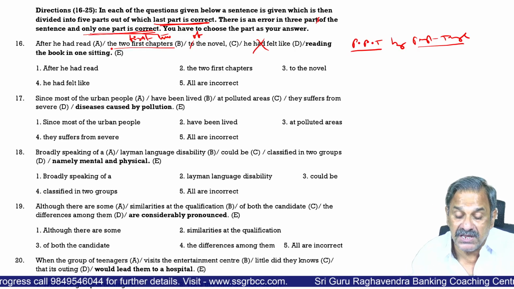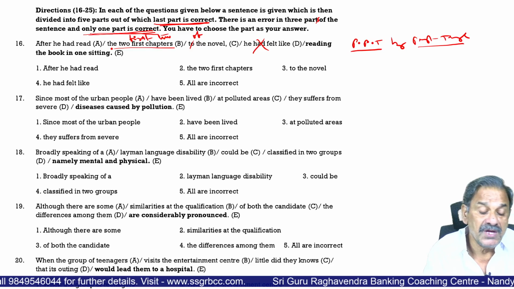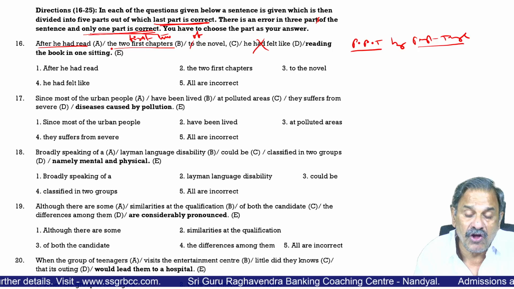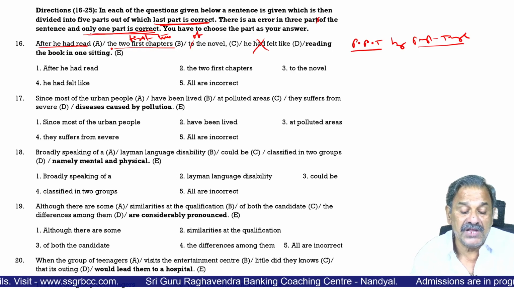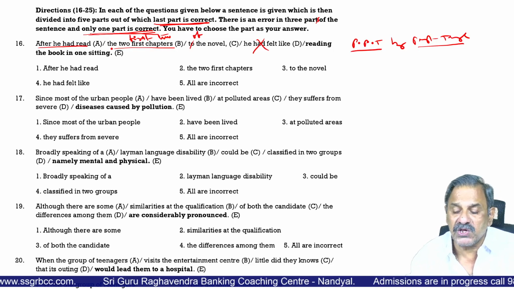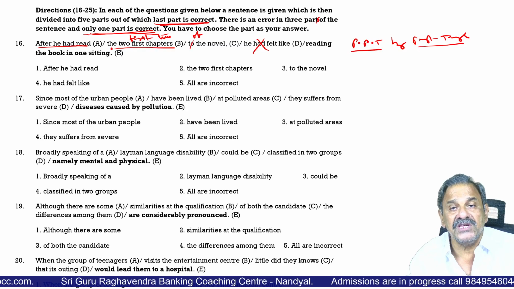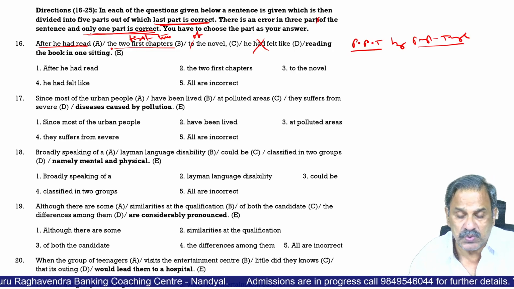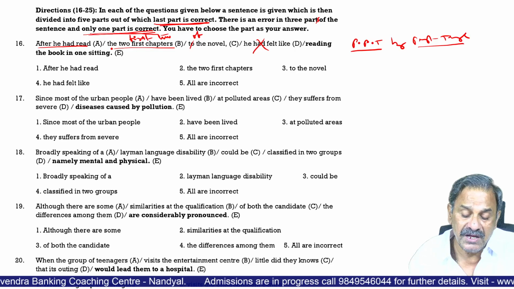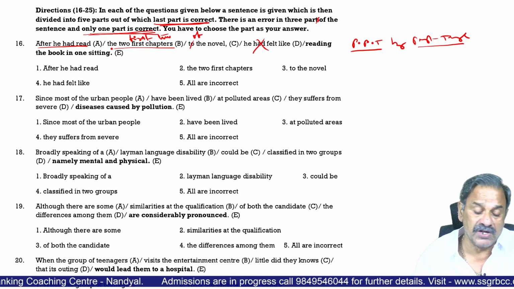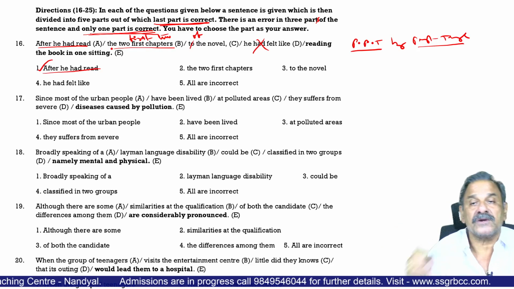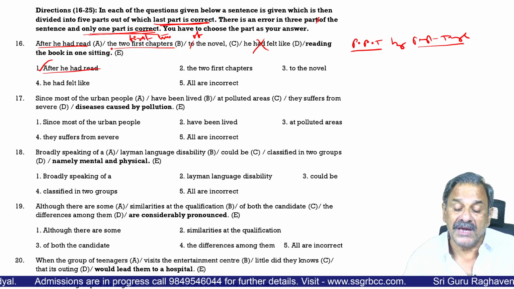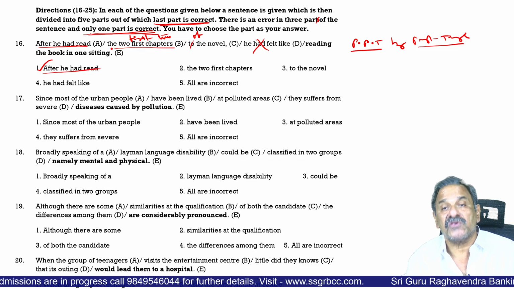'Felt' is past tense, 'had read' is past perfect tense. Here it is chapters of the novel, not to the novel. 'Two first' is wrong because two is a number and first is an ordinal; we use the ordinal first, 'first two'. So second, third and fourth parts are wrong. Which part is correct? First part.